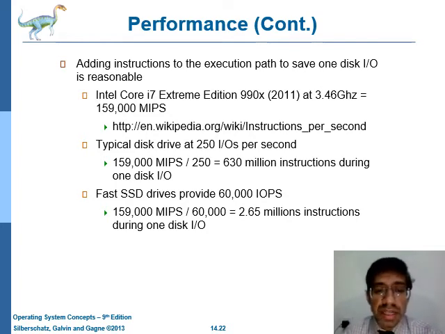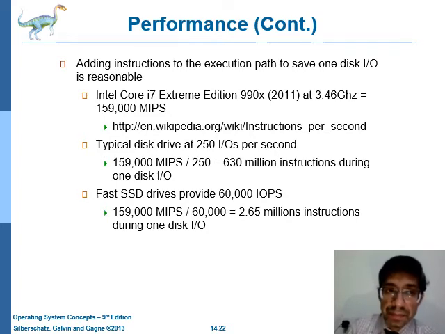If we talk about fast solid state storage devices, they could provide input output operations per second on the scale of 60,000, and 159,000 million instructions per second divided by 60,000 leads to only 2.65 million instructions during one disk input output operation.